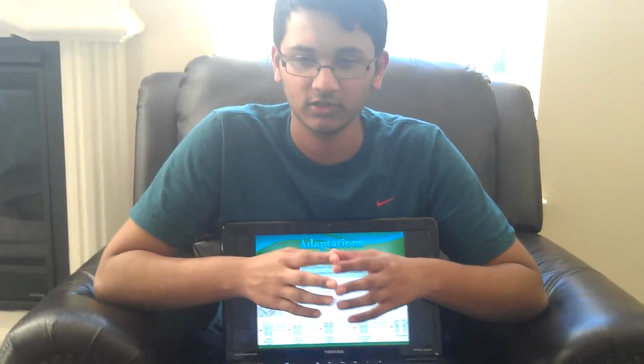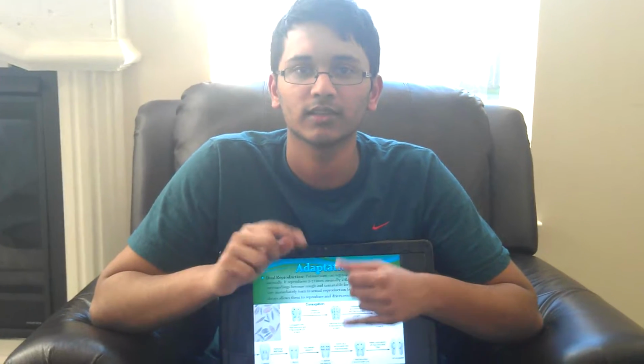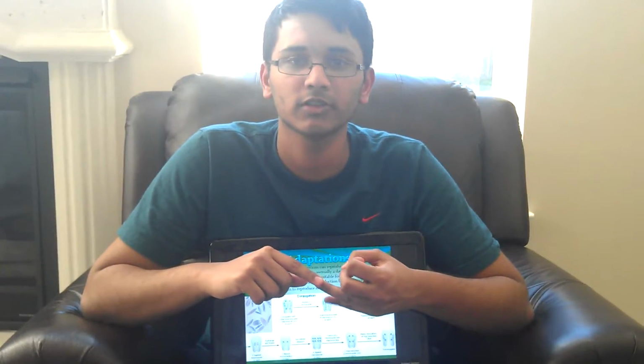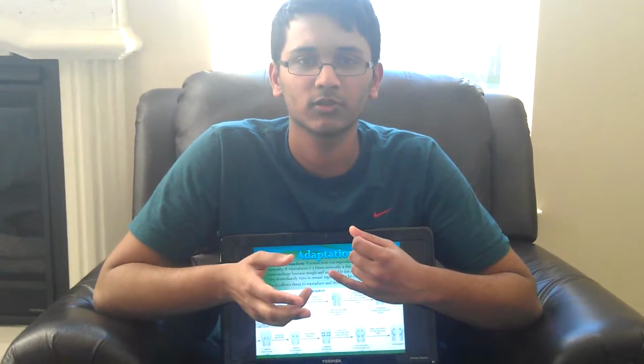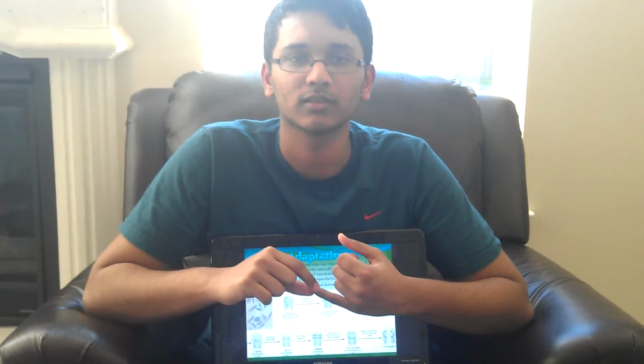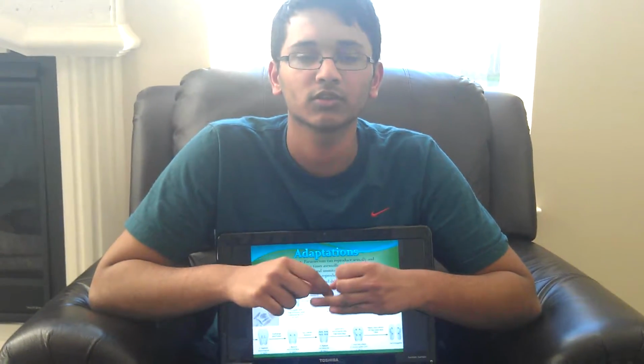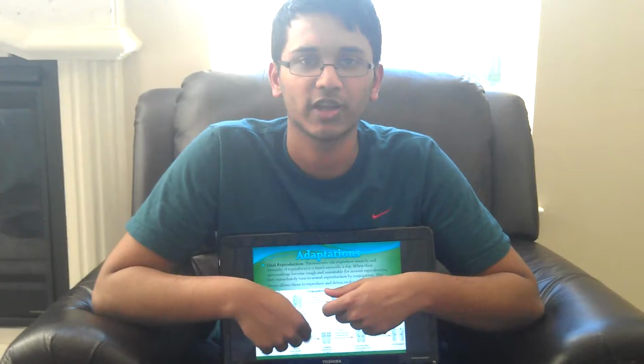Okay, next adaptation is the dual reproduction. This basically means that the paramecium has 2 ways it can reproduce: asexual reproduction and sexual reproduction. The paramecium usually reproduces asexually, but when the surroundings are unsuitable for asexual reproduction, it will reproduce sexually by a process known as conjugation.